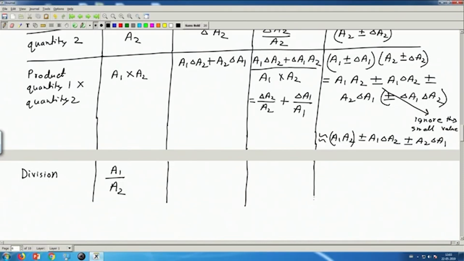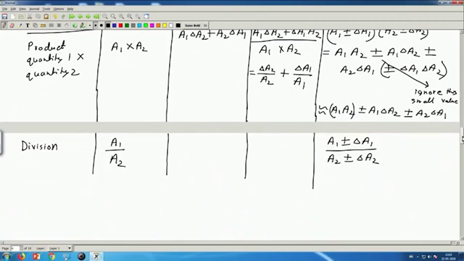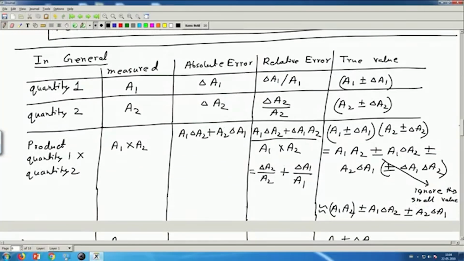What will be the true value of this ratio? It will be A1 plus minus delta A1 over A2 plus minus delta A2. Okay, so this is the true value.